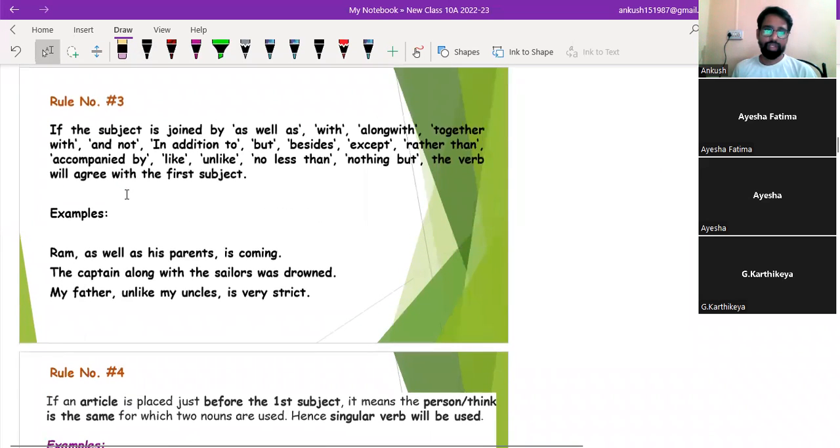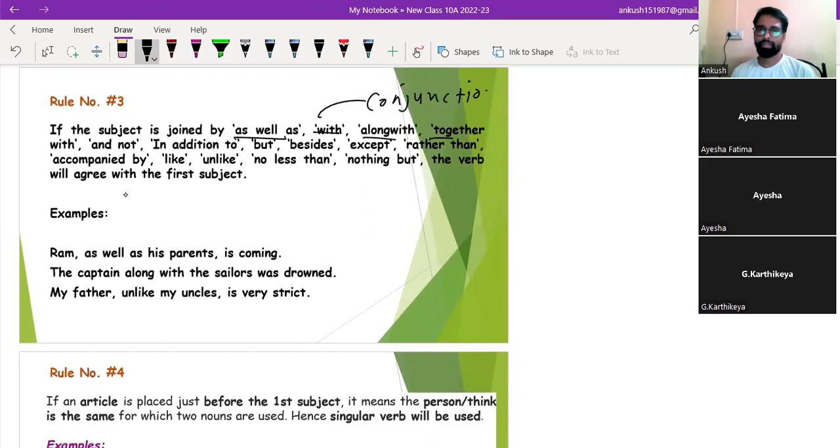Okay, so this is the second rule. The third rule is if the subject is joined by as well as, with, along with, together with. What are these all? Conjunctions. Additional words, such as and, not, with, together with, like, but, besides, except, rather than, accompanied by, unlike, no less than, nothing but.